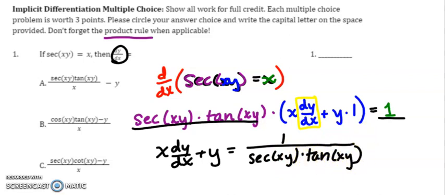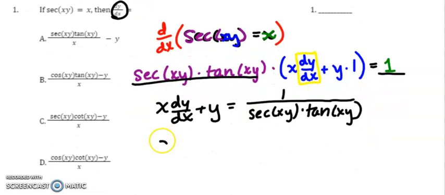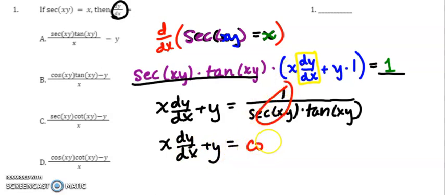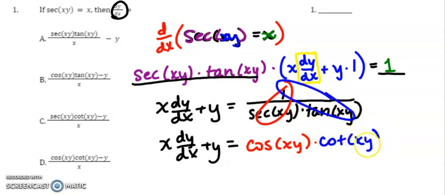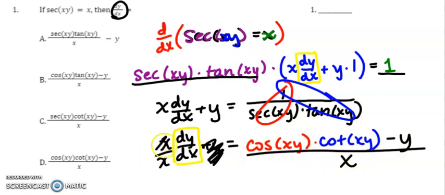And if we remember from trig identities, that means x dy/dx plus y is equal to cosine of xy times cotangent of xy. So finally, to isolate that dy/dx that I was looking for, I'm going to subtract y from both sides and divide both sides by x, which will end up being answer choice D for this question.